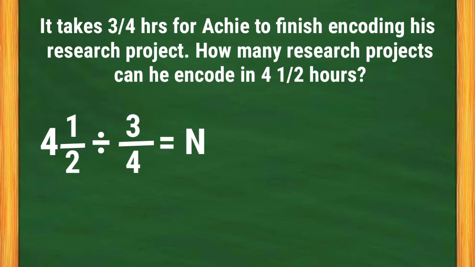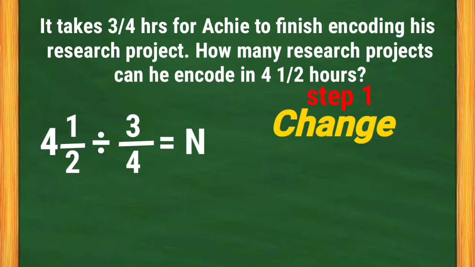I want you to observe the equation. There is what we call a mixed number and a fraction. Before dividing a mixed number by a fraction, make sure that the mixed number will be changed into an improper fraction. So the mixed number is 4 and 1/2. How will you change a mixed number into an improper fraction?